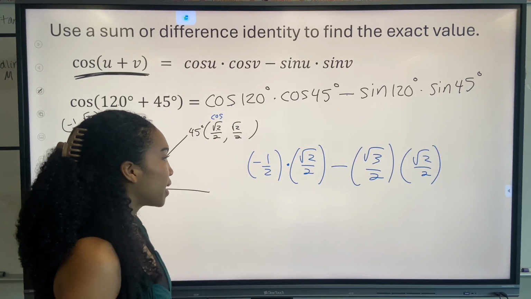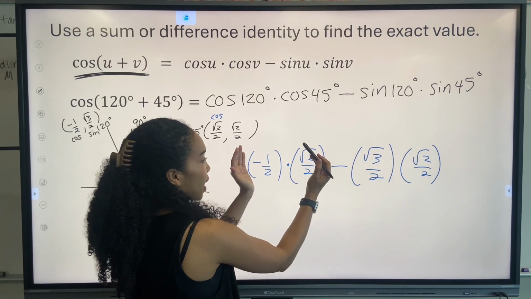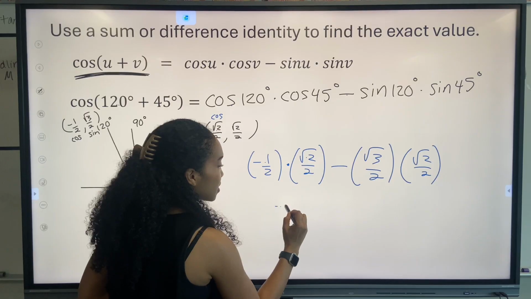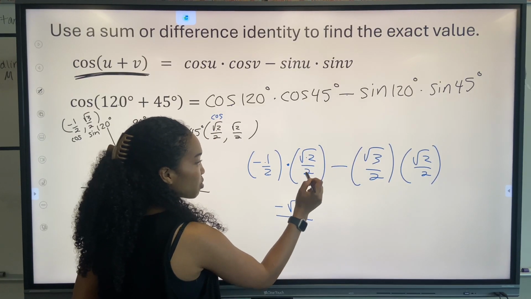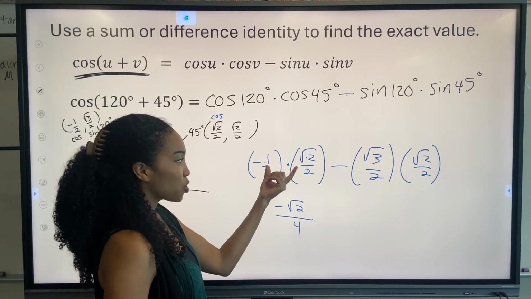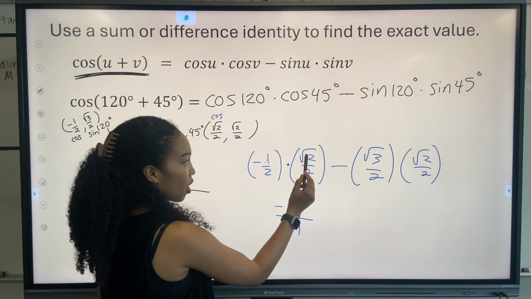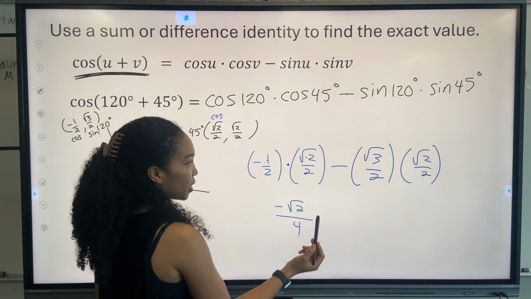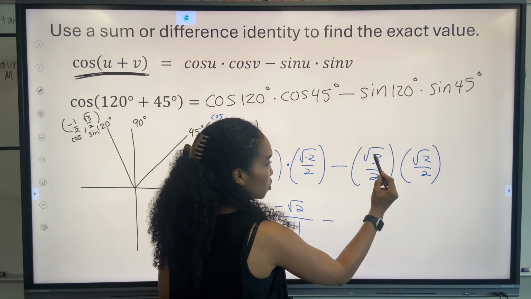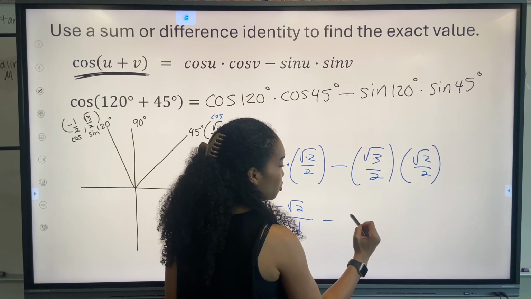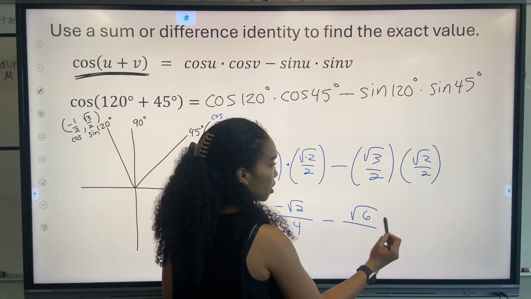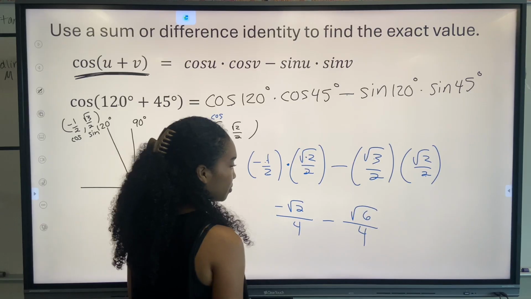Okay, now we just multiply it. So these two multiplied. A negative times a positive is negative. 2 times 2 is 4. Whenever you're multiplying fractions, you just multiply across. You multiply the numerators and the denominators. Minus the square root of 3 times the square root of 2 is the square root of 6. 2 times 2, you get 4.